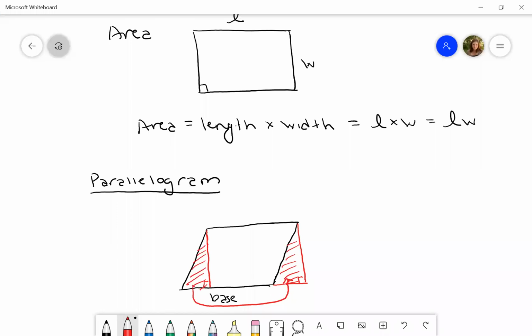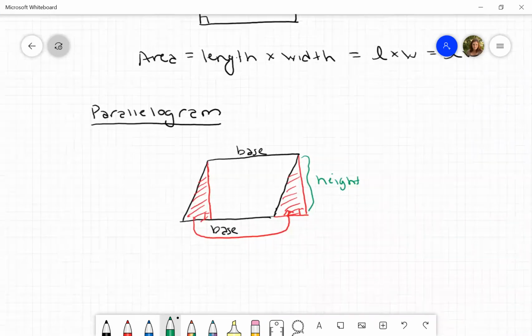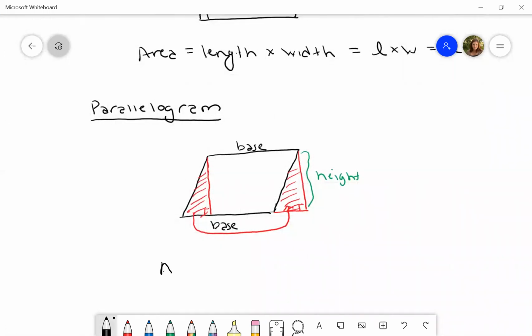And therefore, to find its area, I would need to do the base of the rectangle, and I would need the height of this triangle. So that's actually how we find the area of a parallelogram. It's base times height.